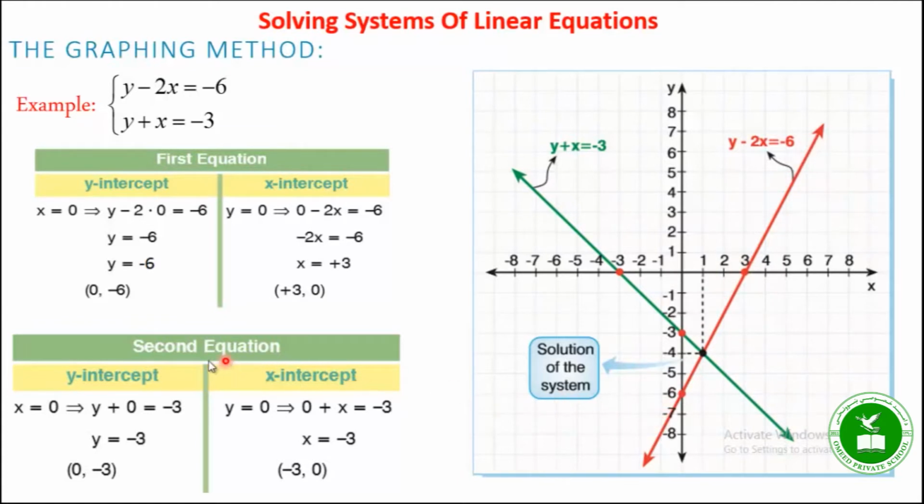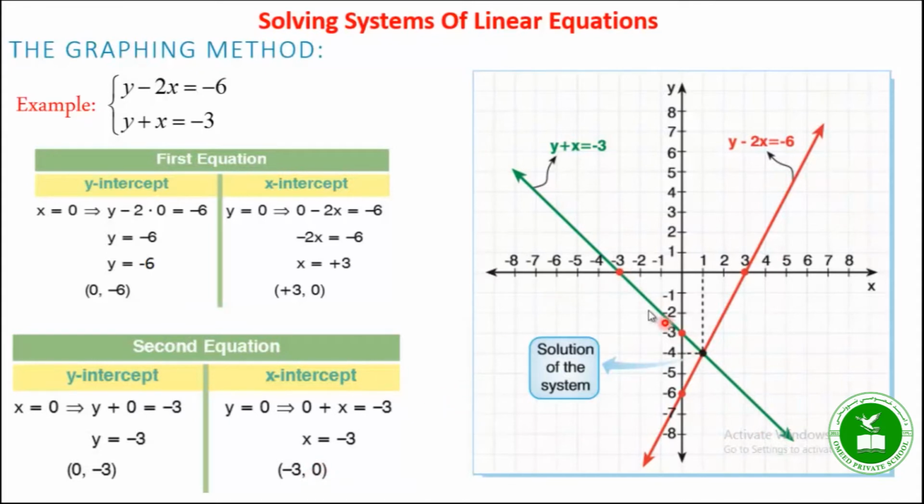The second equation: 0 and negative 3. X is 0 and y is negative 3, this point. And the second ordered pair, x is minus 3 and y is 0.